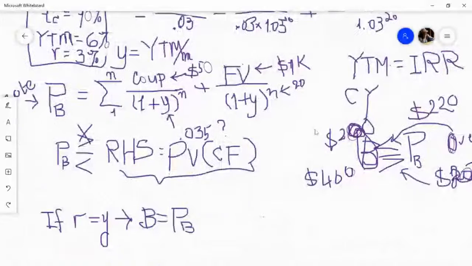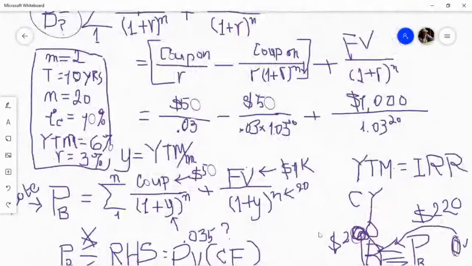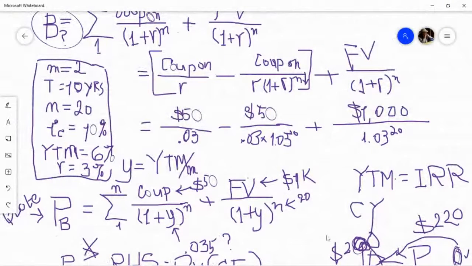And this other formula is for finding the discount rate, when given the market price, and the market price is something you can always look up.